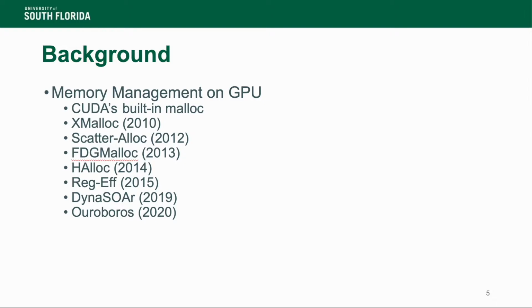In 2009, NVIDIA released a dynamic memory allocator for CUDA, and that started a series of efforts on this topic, including XMalloc released in 2010, ScatterAlloc in 2012, FDGMalloc in 2013, Halloc in 2014, RegEff in 2015, DynaSOAr in 2019, and Ouroboros in 2020.